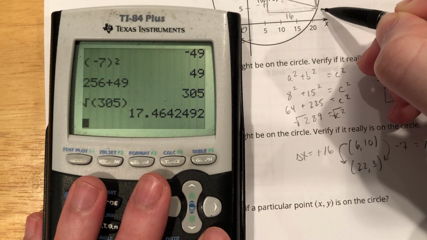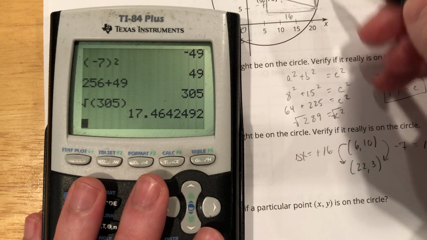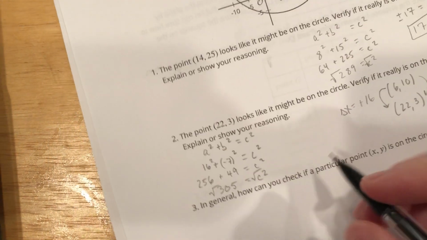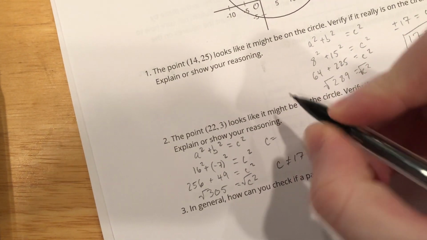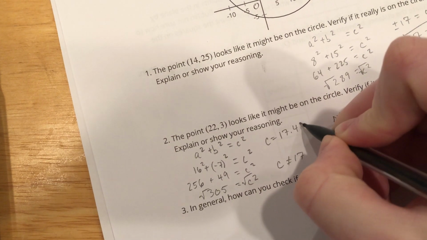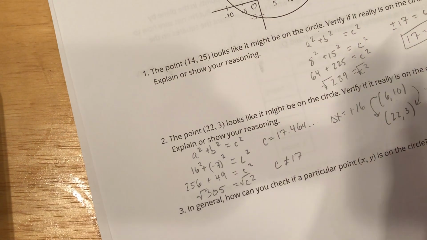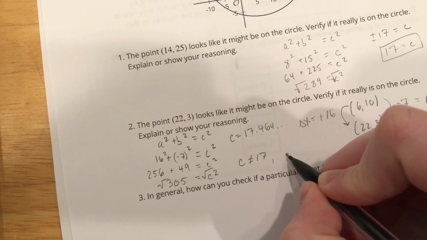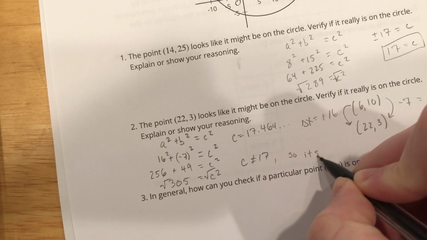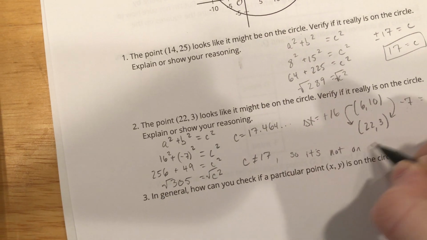So this point's going to be a little bit off the circle, not quite on it. All right, so c does not equal 17, or really c is equal to 17.464. And that's going to go on forever. It's an irrational number. So it's not on the circle.